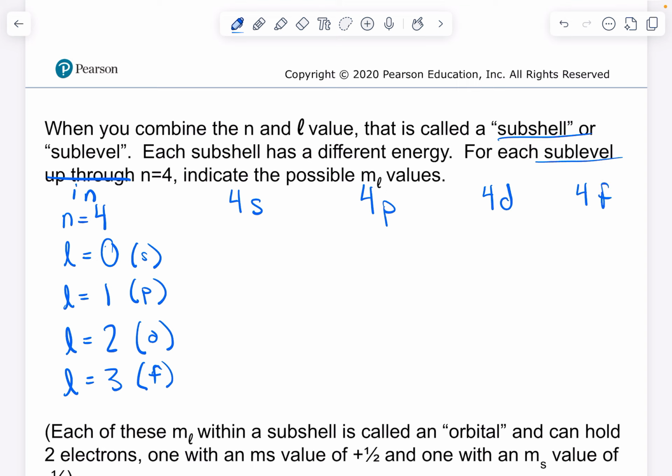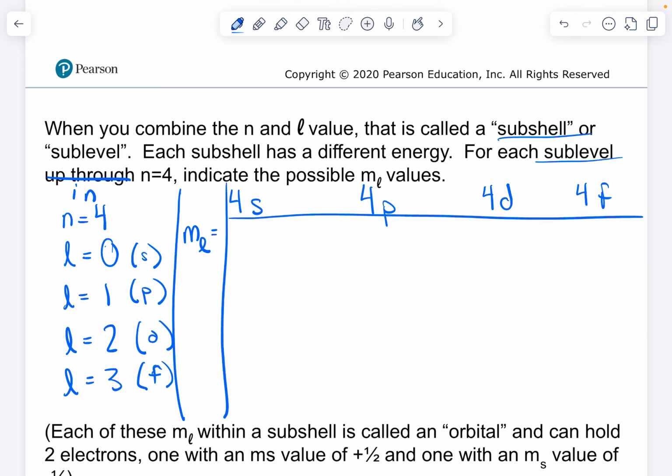Then they want me to indicate the M sub L values for each of these, okay? So for the 4s, if you remember, M sub L is also a range from negative L to positive L. So if L is 0 for 4s, the only M sub L value we can have is 0.